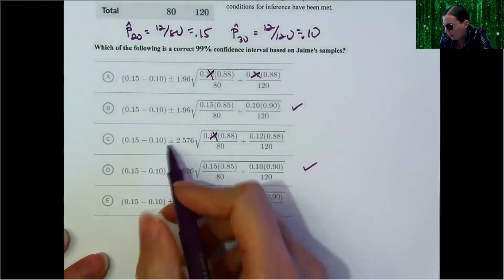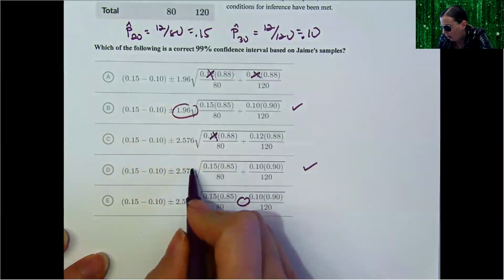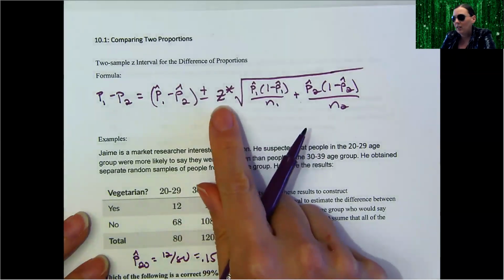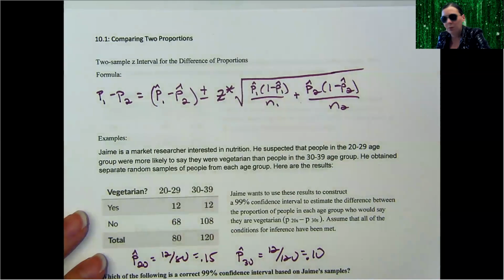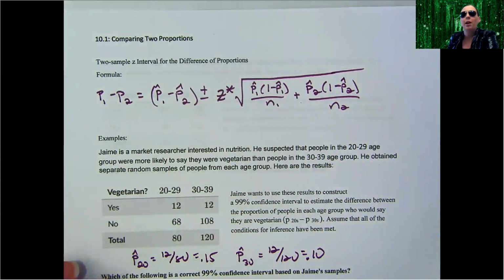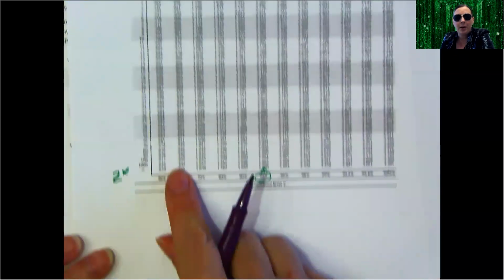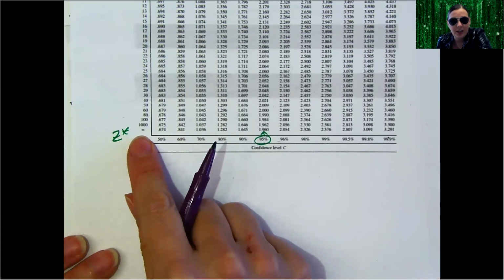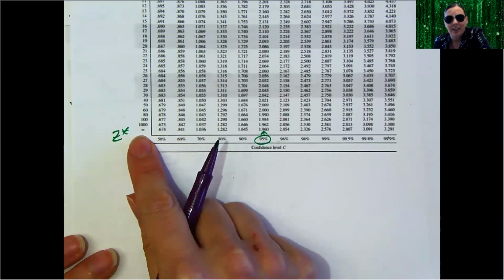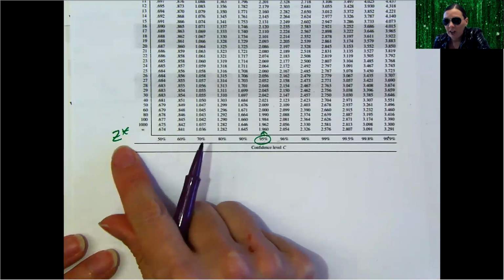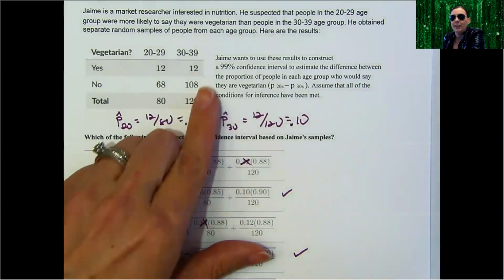The only difference now that I'm noticing is the Z star, right? The Z star, your critical value. We can look these up on that T distribution chart that was available on the blog last week. At the very bottom row where there's this infinity symbol, these are your Z stars. So if you look at your Z star, we're looking for a 99% confidence interval.